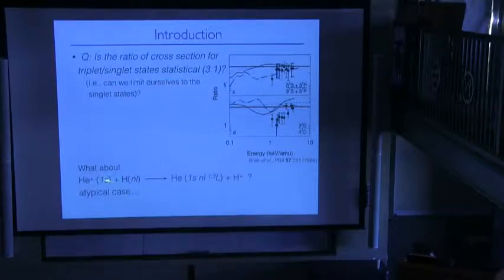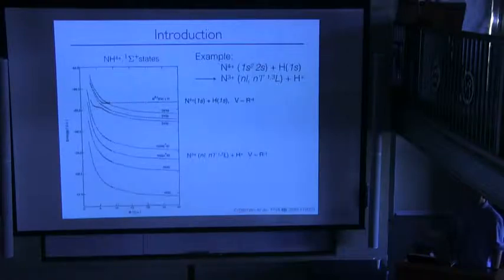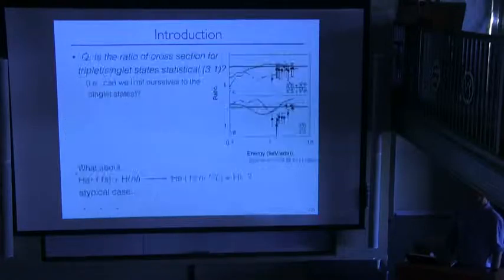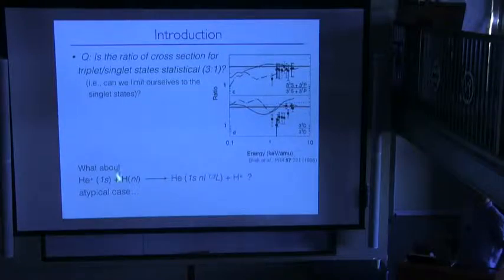The first is that in this case, you had a bunch of excited states between the entrance channel and the exit channel. In the case of this collision, if hydrogen is in the ground state, you have no excited states between them, so it's a very easy problem. But of course, if you go into excited states, it's not that obvious anymore.